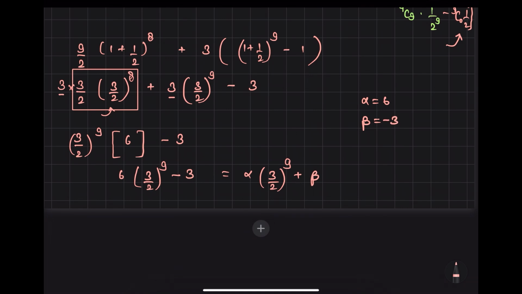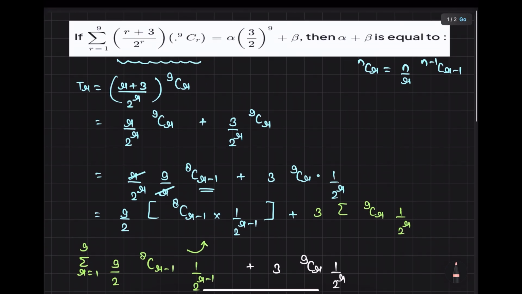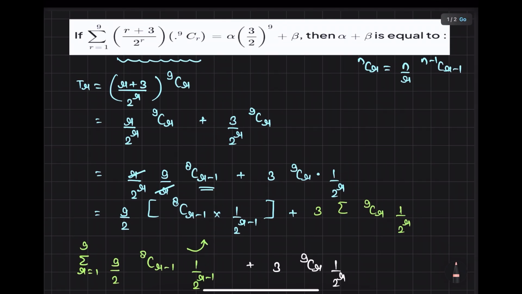And they are interested in finding alpha plus beta. So the required value is 3. Okay, so we got our required value as 3. I hope the idea is clear.